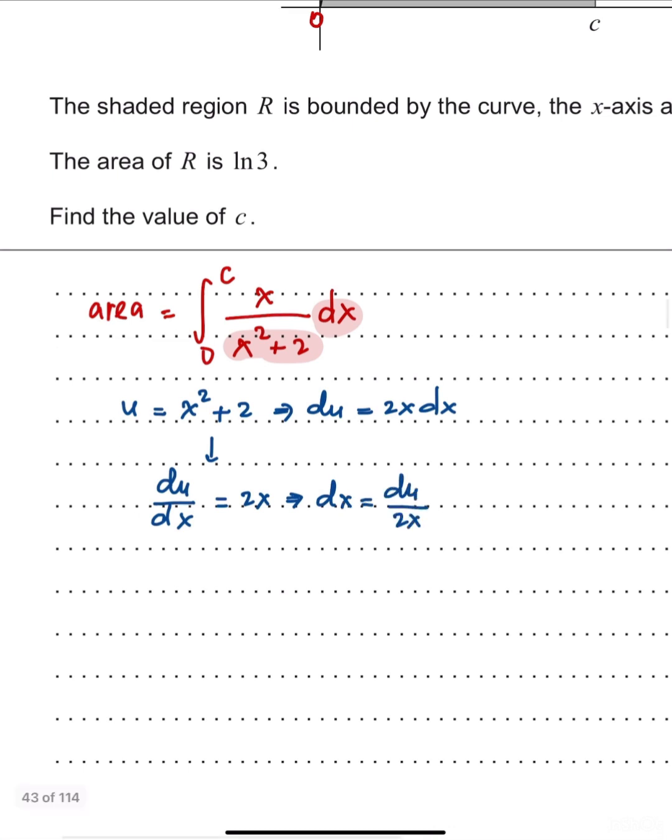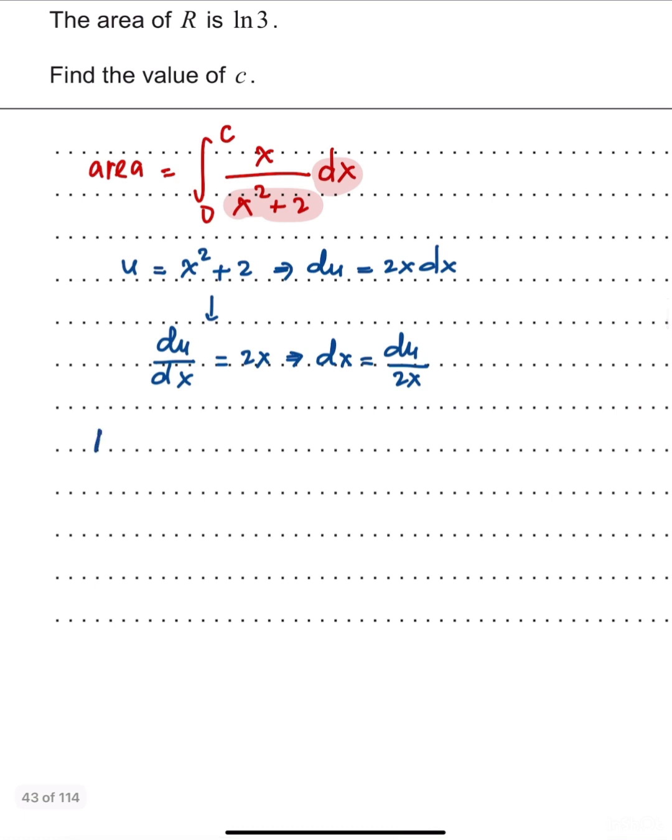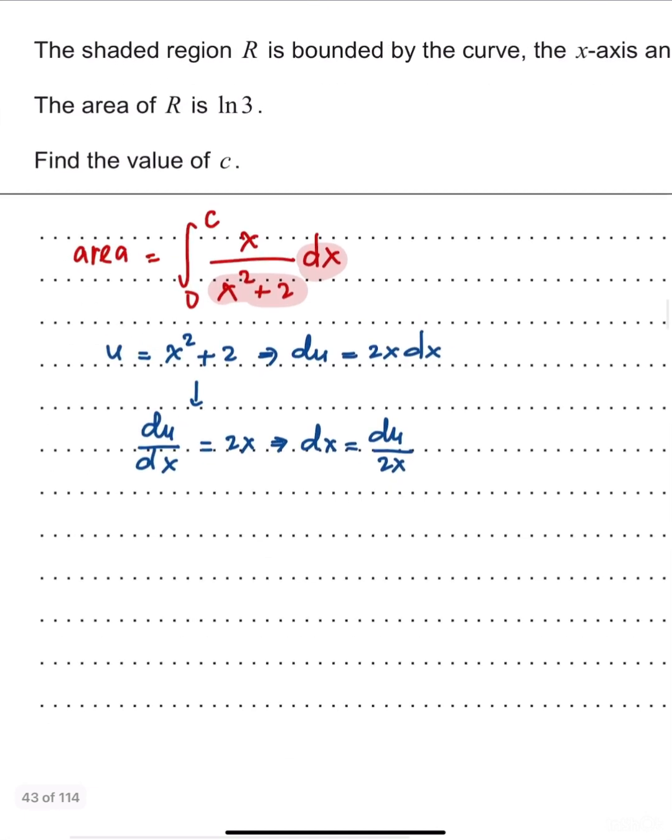So our integral will be, I can say area, as I say r, because they denoted it by r. While we denoted u equal to x squared plus 2, we got du and dx, but don't forget to change the bounds also, because 0 and c are values of x.